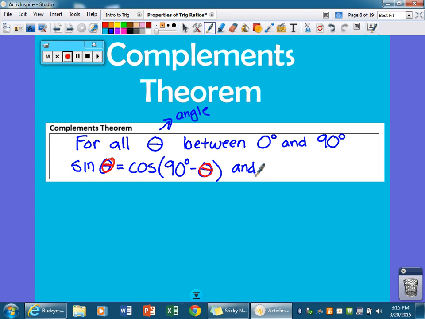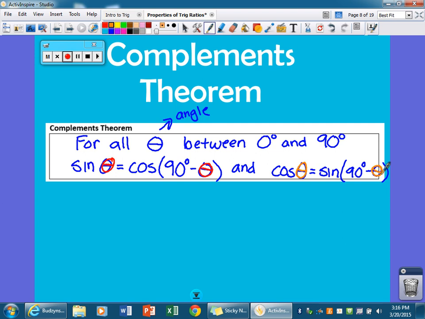If we had sine of theta, now we can have cosine of theta equals sine of 90 degrees minus theta. Same thing with this one. These thetas are the same. And we can easily test it on our calculators because they will work out to be the same.